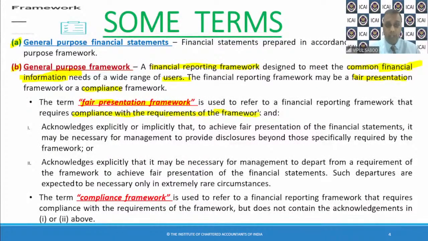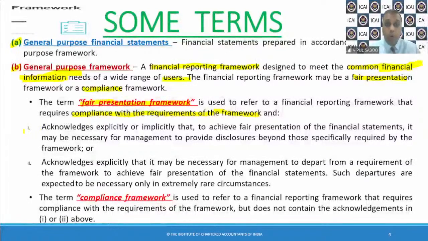That particular framework lists out the terms and conditions to be followed while preparing financial statements as per its rules. You come to the Banking Act, the Insurance Act, and they lay out their own framework, and it requires every bank to comply with the requirements of that framework. That is a fair presentation framework.